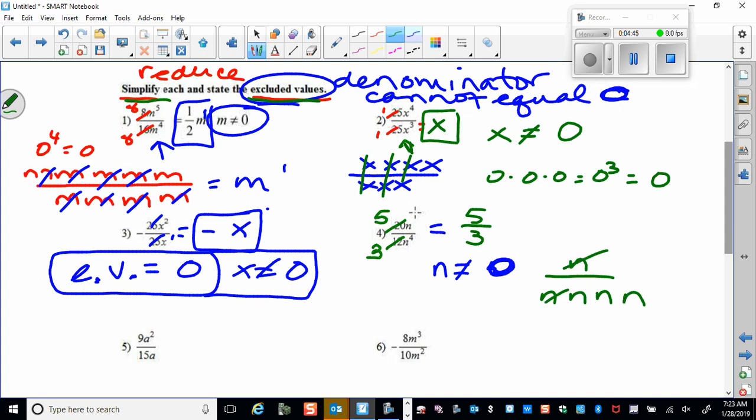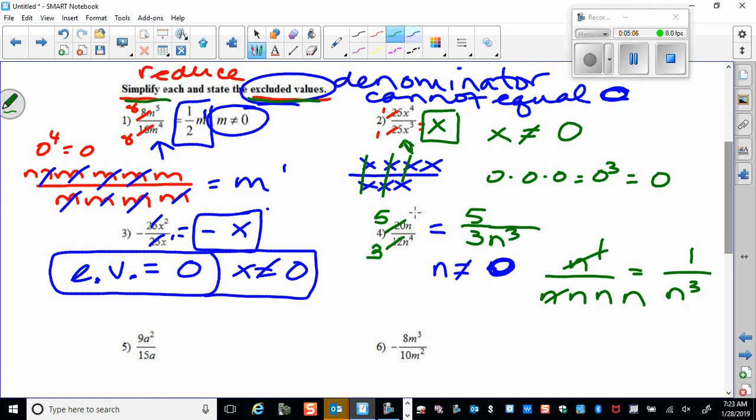So that crosses out, and that leaves me with 1 on top, right? N divided by n is 1. You have to have a numerator. It can't just disappear. So I'll put a 1 there to hold that place, and then I've got n to the 3rd on the bottom. So the n to the third is in my denominator. All right.